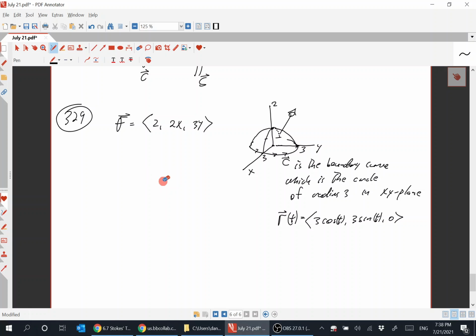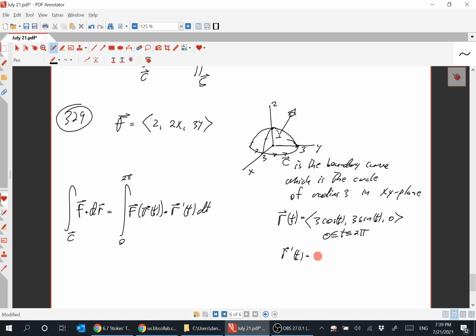So now let's calculate the line integral of f dot dr, where 0 is less than or equal to t, less than or equal to 2 pi. So 0 to 2 pi, f of r of t dot r prime of t dt, right? And what's r prime of t?